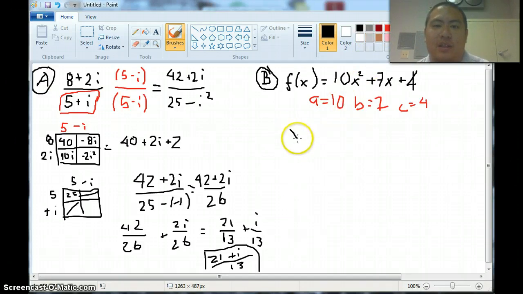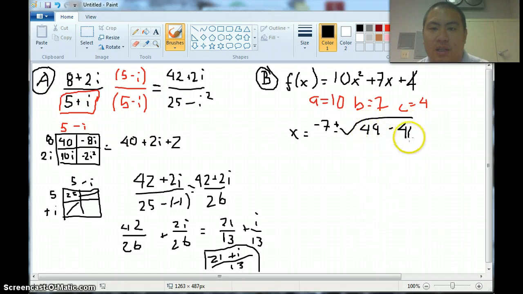So I have x equals negative b, so negative 7, plus or minus the square root of b squared, well that's 49, minus 4 times a, which is 10, and then c, which is 4, all over 2a, which would be 2 times 10, 20.